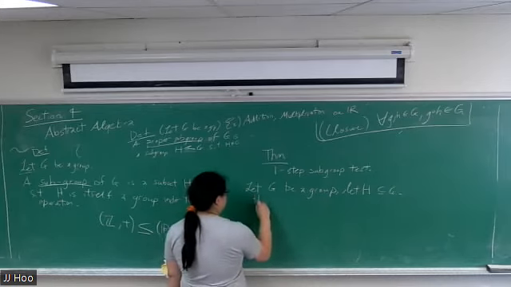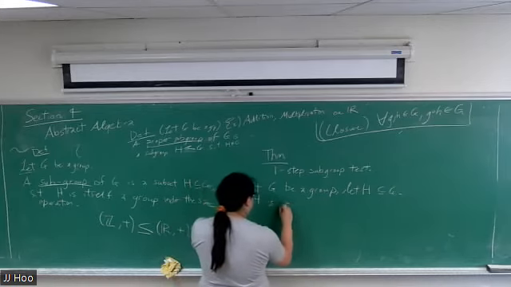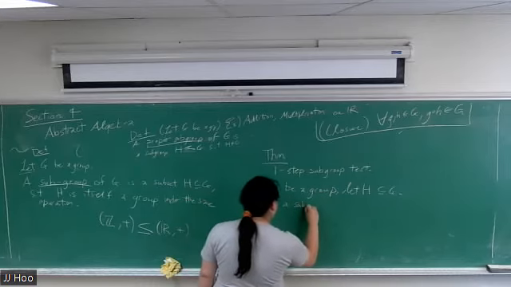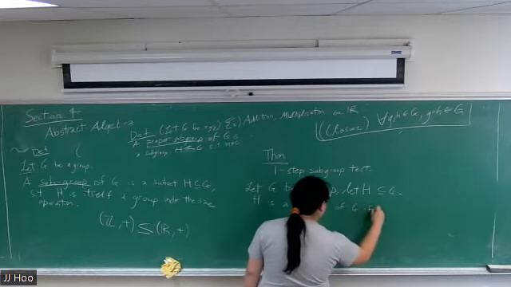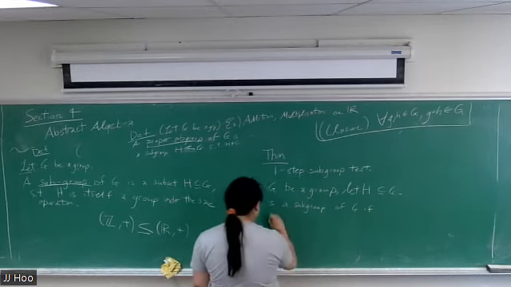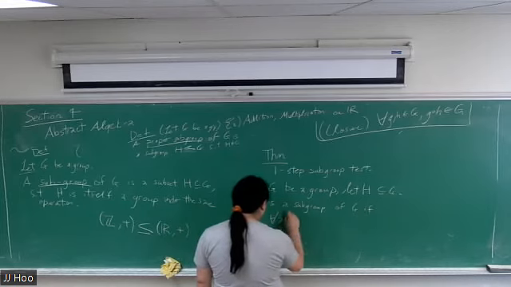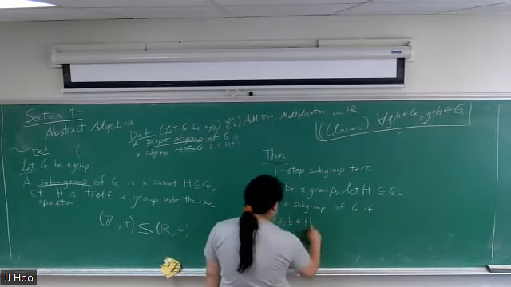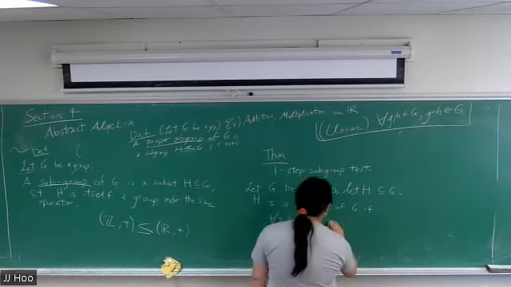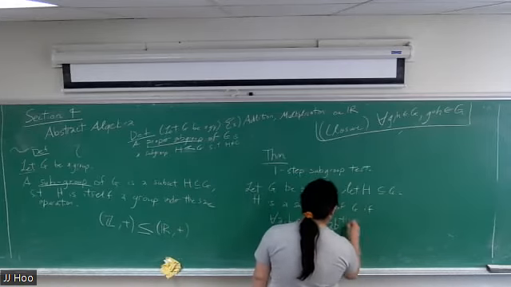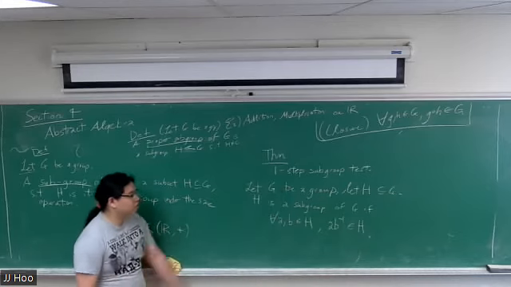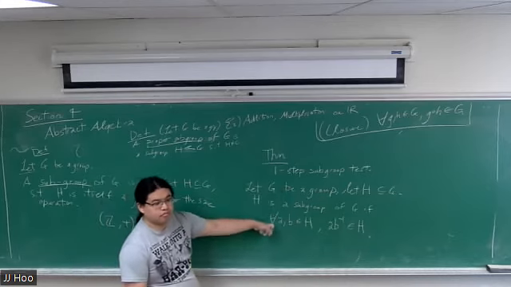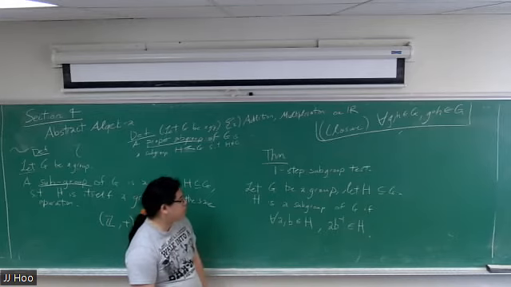The theorem says that H is a subgroup of G if for all a, b in H, we have that a b inverse is in H. So notice there's only one thing I have to check, right? And so that's why it's called the one-step subgroup test.